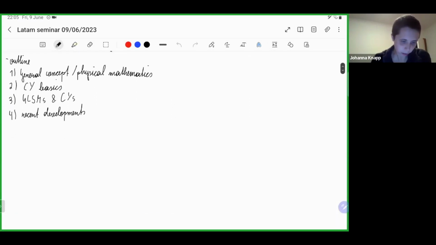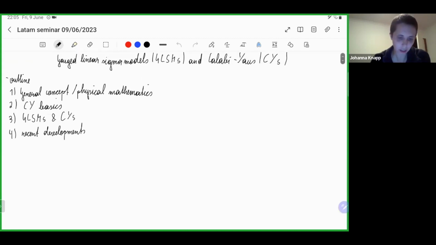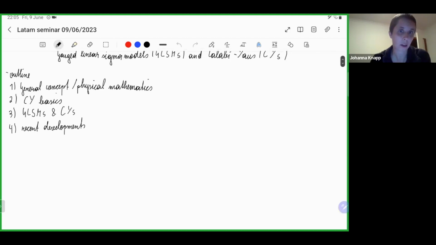What I want to do is give a very long introduction, which does not necessarily have to do with gauged linear sigma models and Calabi-Yaus per se, but rather gives you the general concept of what is sometimes called physical mathematics, which is basically to use physics methods, mostly from quantum field theory and very often from supersymmetry, to understand some concepts with output mostly in pure mathematics, also in physics we hope.